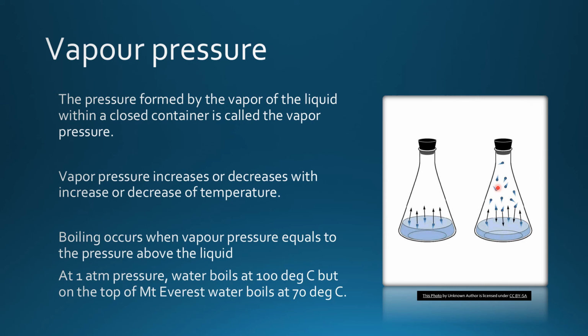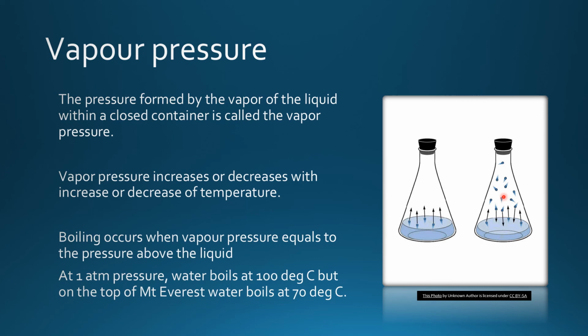Now the number of molecules of liquid in the space above the surface is constant at a certain temperature, which gives a particular vapor pressure at that particular temperature.